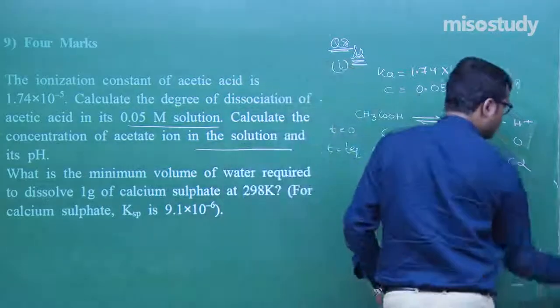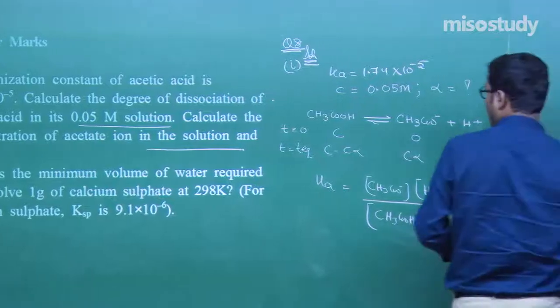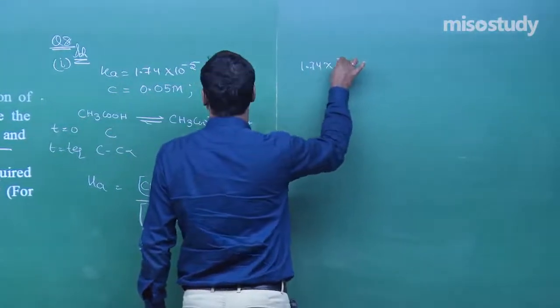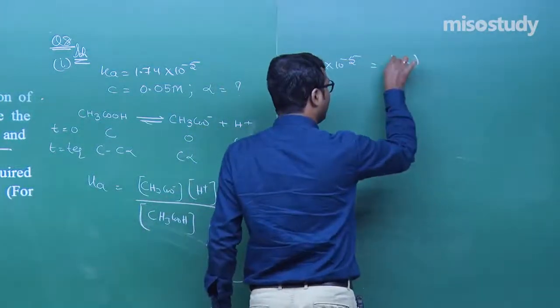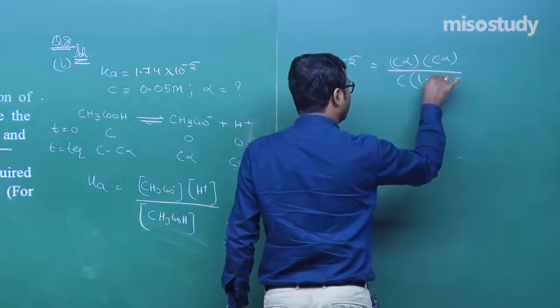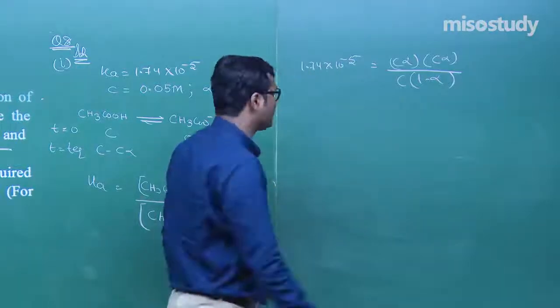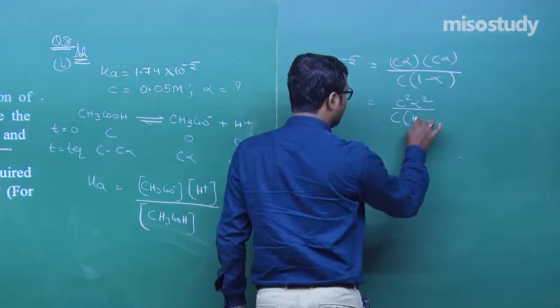Now check out what I am telling, my friend. In this case, Ka is 1.74 into 10 to the power minus 5, and it equals C alpha into C alpha upon C into 1 minus alpha, taking C common. Now, C square alpha square upon C into 1 minus alpha.